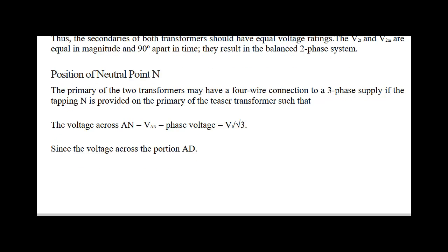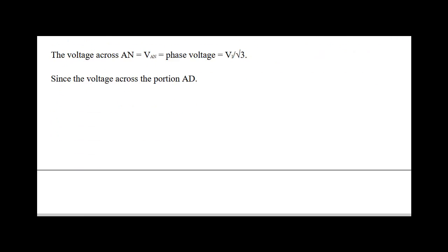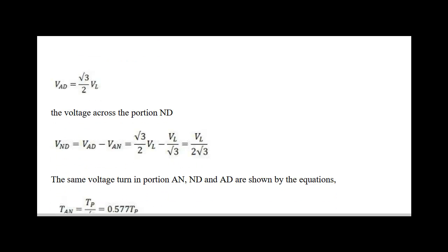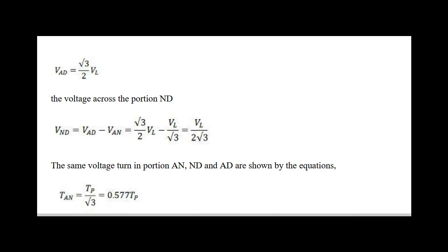The voltage across the portion AD is root 3 by 2 VL. The voltage across the portion ND is VAD minus VAN. This is shown in the equation.